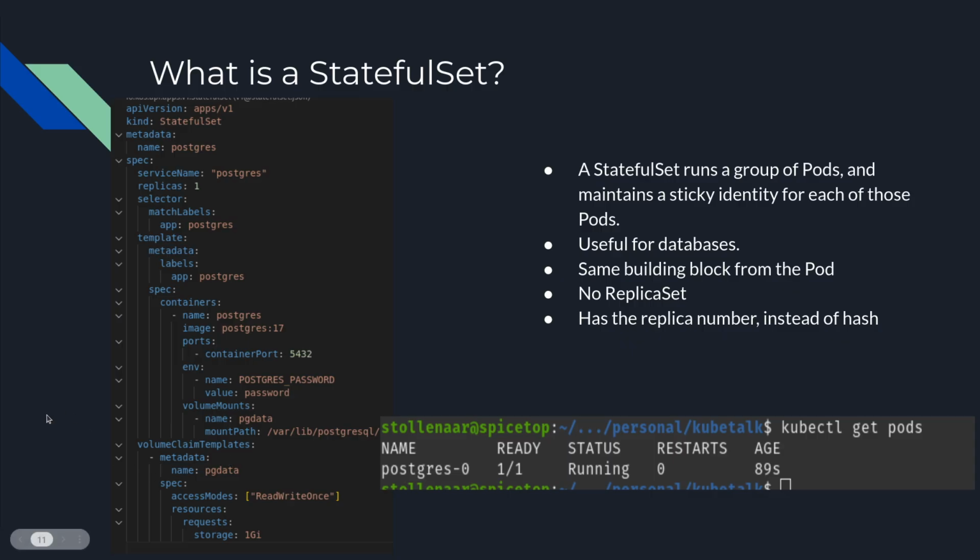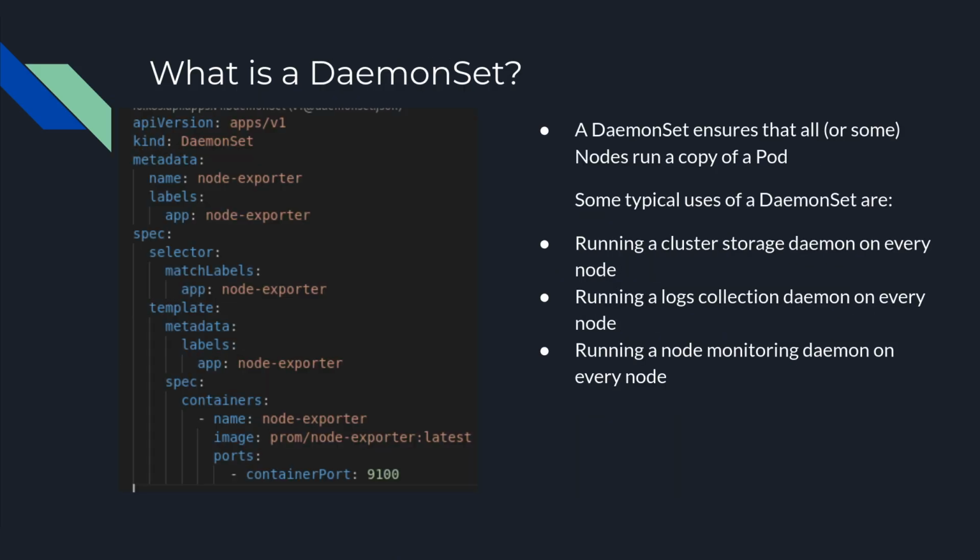And the nice thing about the stateful set, since it's really used for databases, Kubernetes allows you to immediately throw in a volume template. I'll touch on volumes in a minute, but it allows you to easily create volumes with every replica of your stateful set, of every pod from that stateful set.